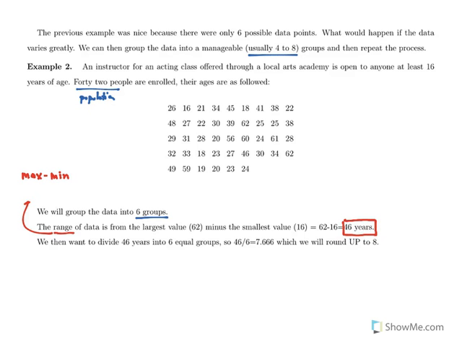So if we want 6 groups, we could take the 46 and divide by 6, and that would give us 7.666, which isn't a very nice number, so we're going to round up to 8. I do want to make clear that if you're ever going to do this, you always have to round up, otherwise you're going to lose pieces of information.